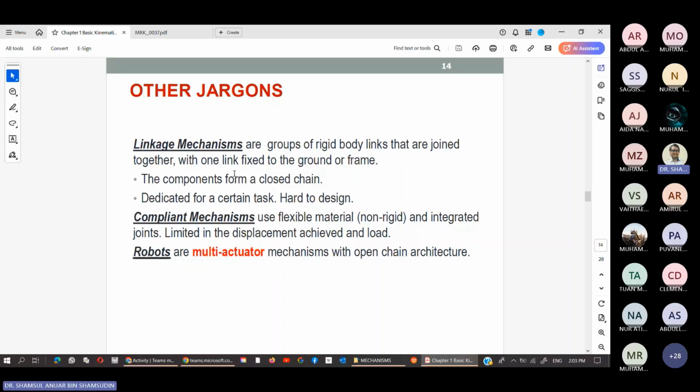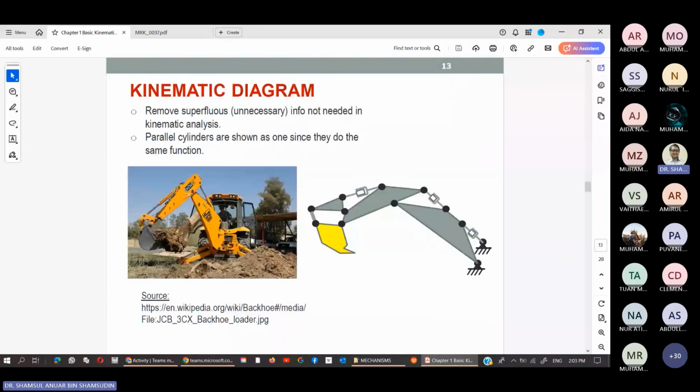But linkage is another type of rigid body. So they are just like what we have seen here. All these things are just links. So this is one link, this is another link.